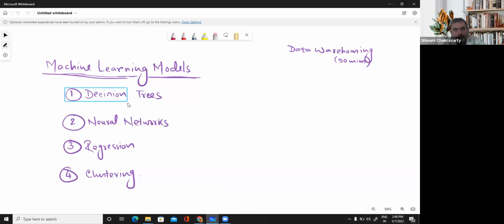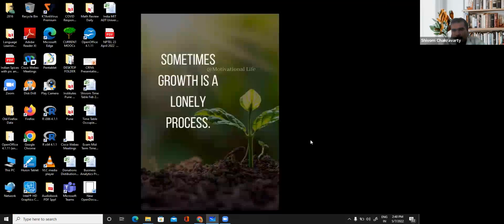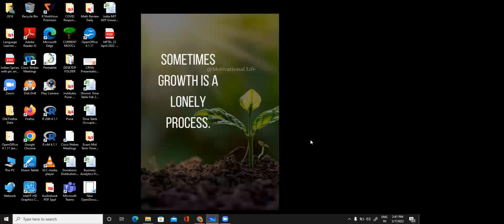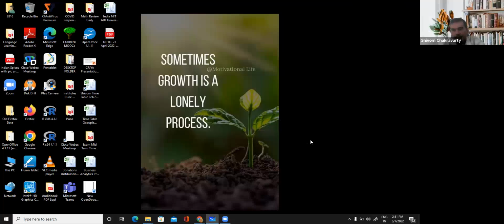We tried to study machine learning models, and in that decision tree, neural networks, regression, and clustering. And before that, why do we use these things? Basically, to classify the data, or sometimes predict what will happen for a given input. For that, we are doing all these things.